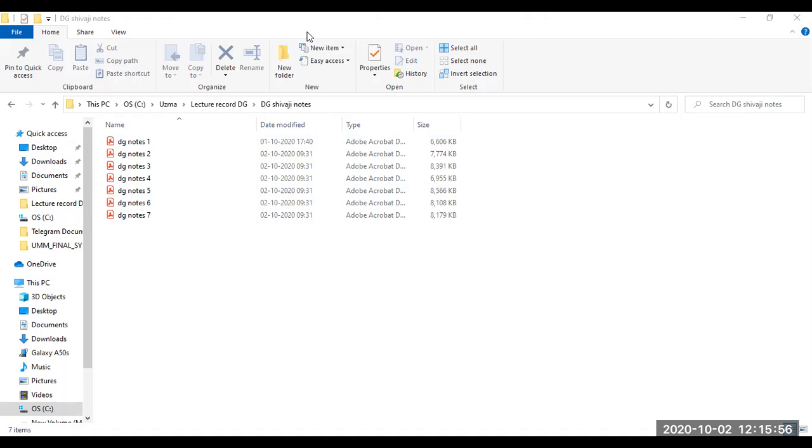All the solved examples are also there. And if you want to see the exercises, if you want to solve the examples of the exercises, you can go for the recommended book written by O'Neill B. And I suggest you download that O'Neill B book. That will be beneficial for you to understand the differential geometry paper very clearly.